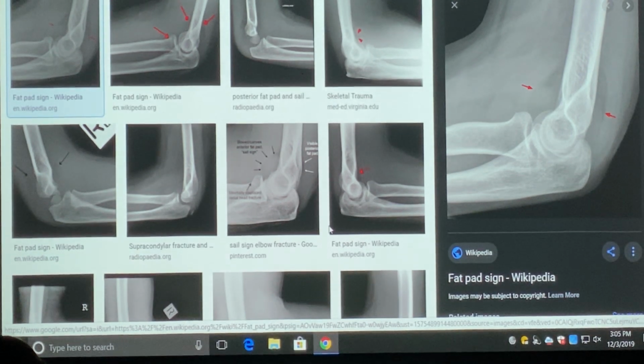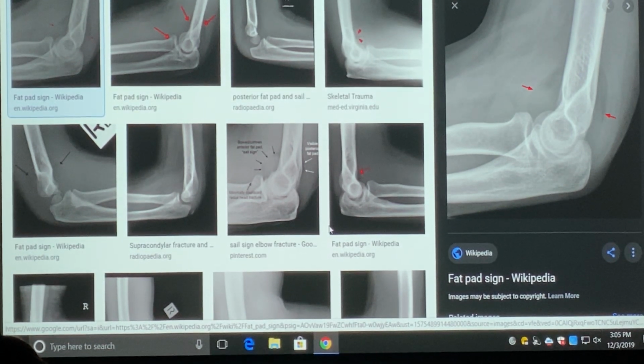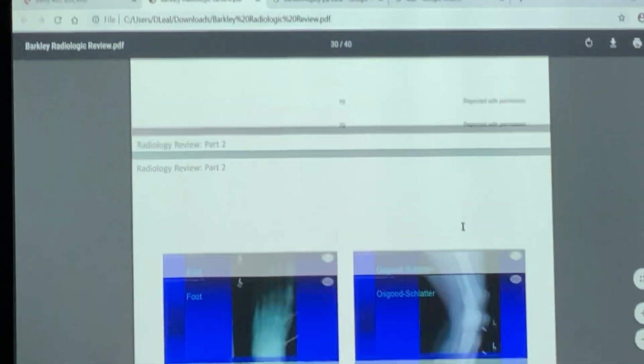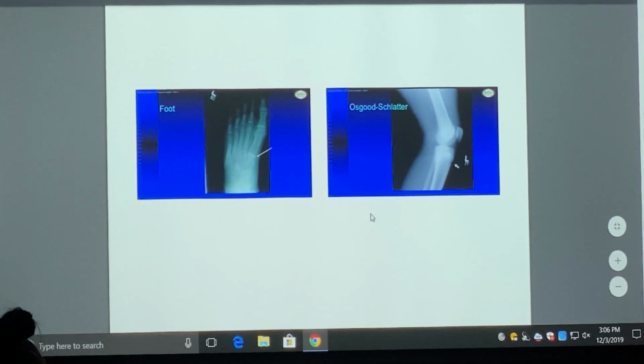And of course, the patient is going to come in with pain at the level of the elbow and a history of any traumatic injury. Again, misalignment of the foot.